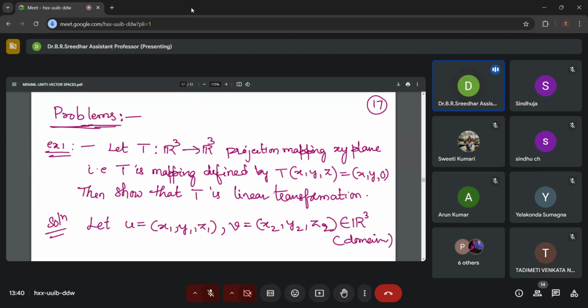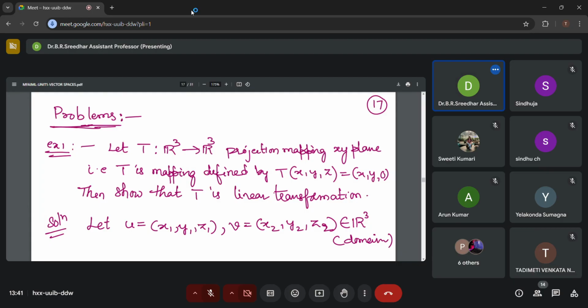If you have a V vector mapping with some other vector space U, then it is called isomorphism. Homomorphism means within the same vector space. Isomorphism means two different vector spaces. Among these, you are doing isomorphism and one-to-one mapping now.